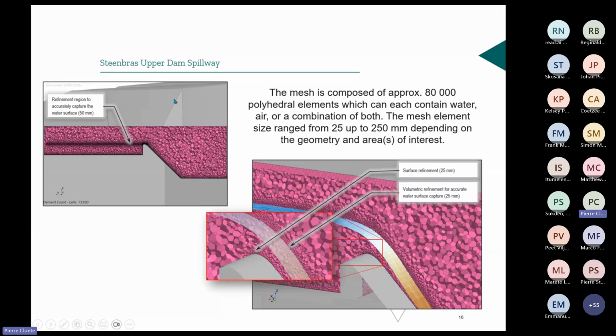Okay, for the upper Steenbras spillway, we had about 80,000 polyhedral cells, each of which could contain water, air, or a combination of both, hence the multi-phase flow modeling approach. And then the mesh size was between 25 to 250 millimeters, depending on the areas of interest.